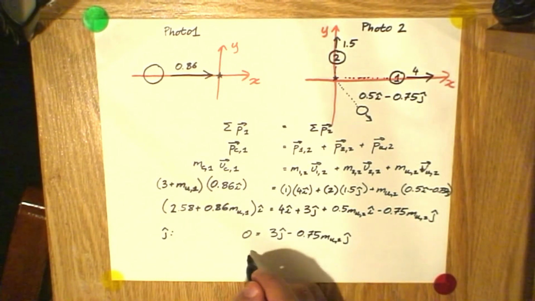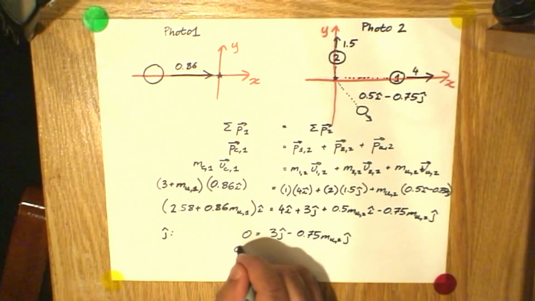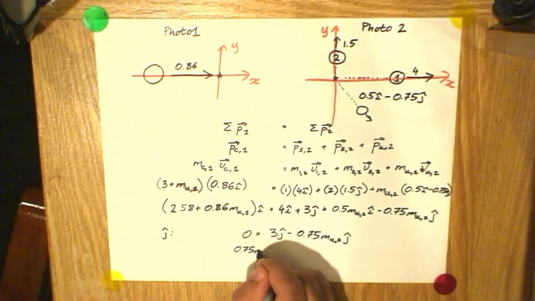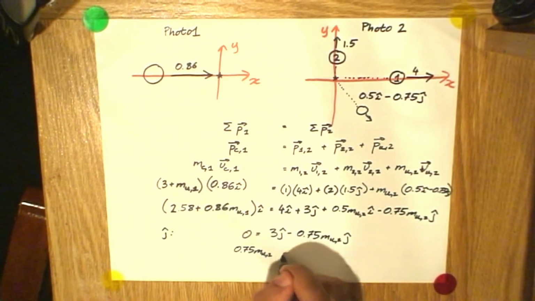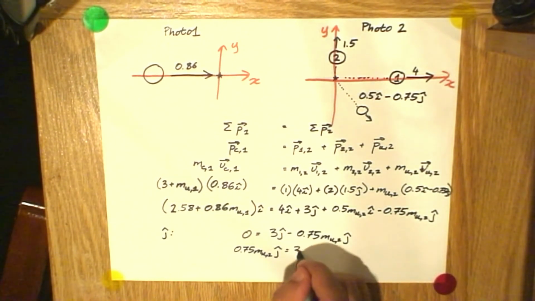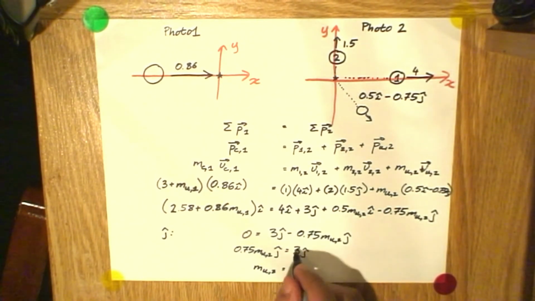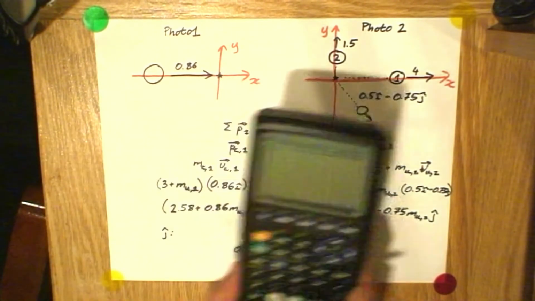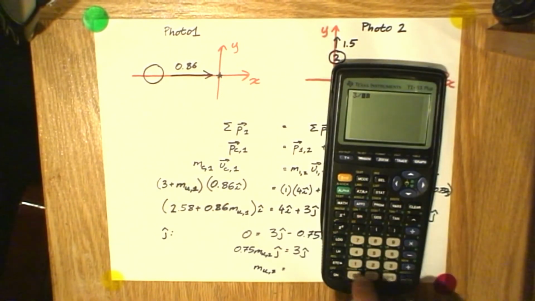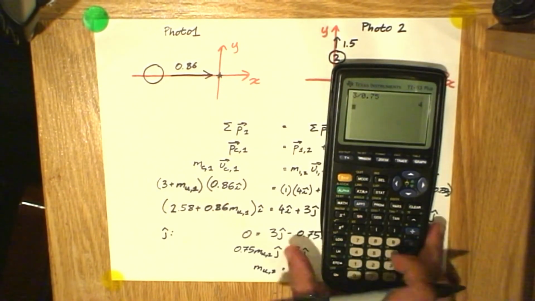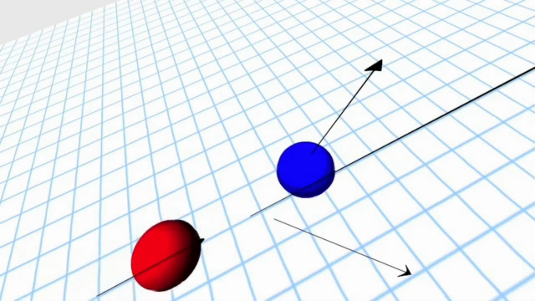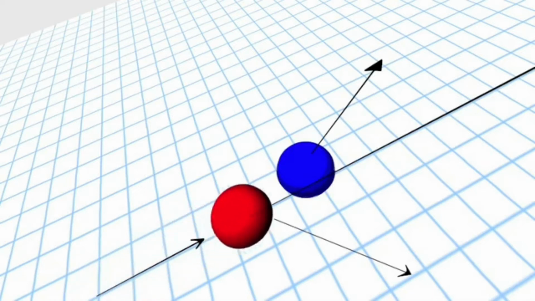So this is going to simplify to 0.75 mass of the unknown in photo 2 j-hat is equal to 3 j-hat. Divide both sides by 0.75 and also by the j-hat, and you get mass of the unknown is equal to 3 divided by 0.75, which is 4.